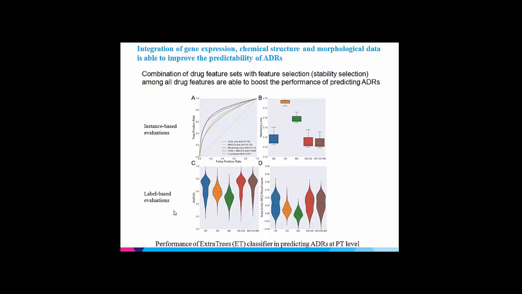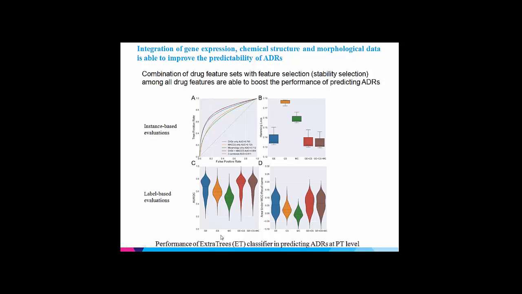So when looking at label-based evaluations, which is basically to look at, for each side effect or ADR, how well are we doing in predicting each single one of those. And we can see that gene expression still is the best predictor for most of the ADRs, followed by chemical structures.